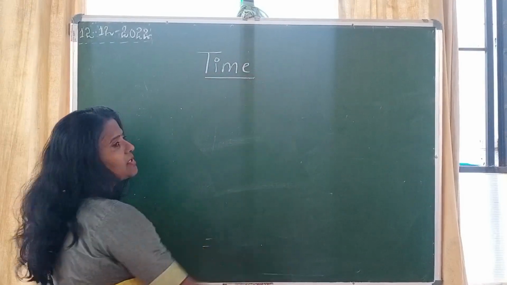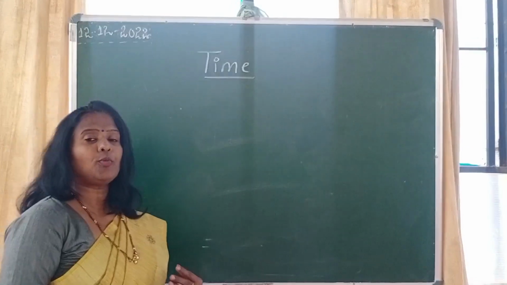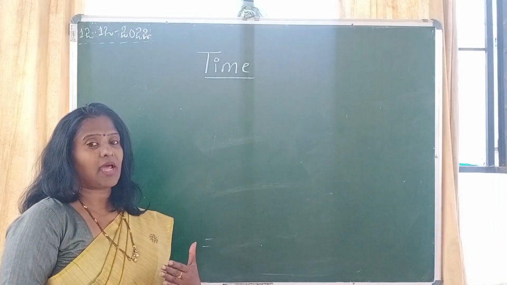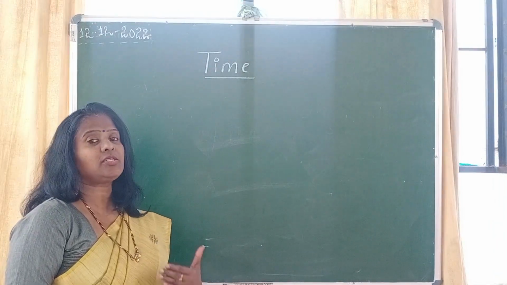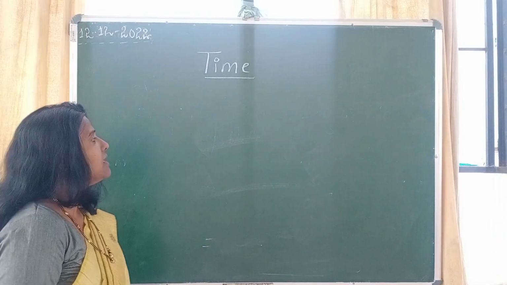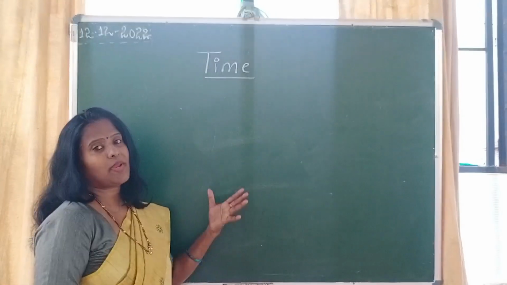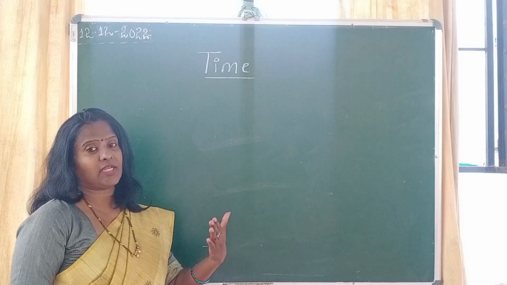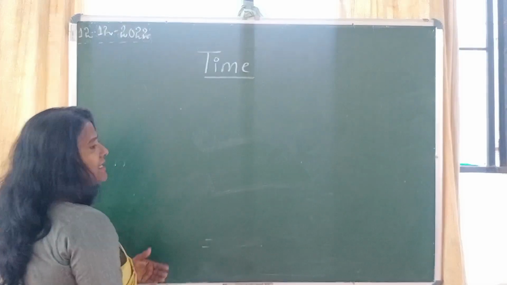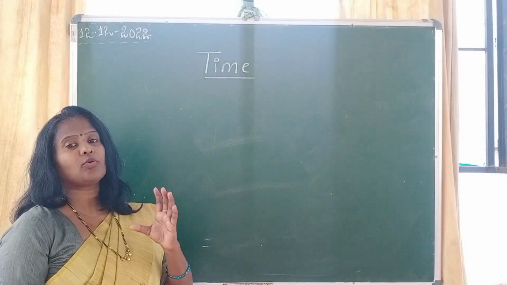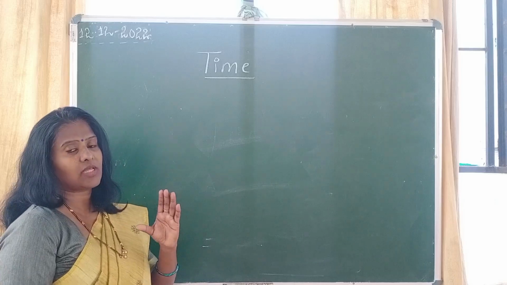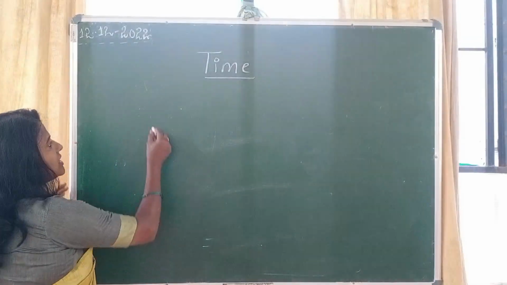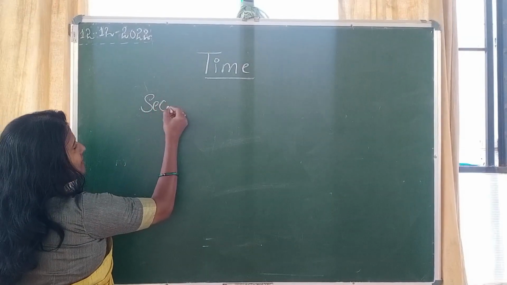In this chapter, we will learn how to measure time. Time is the duration taken for any activity. So let us see how to measure the time. Time is measured in different units, namely seconds. If it is a very small duration of time taken for the activity, then it is measured in seconds.